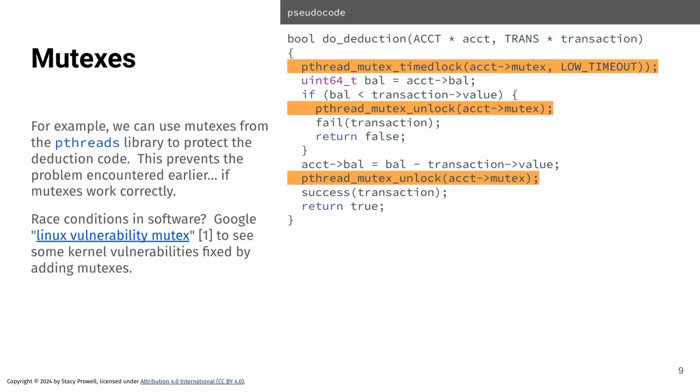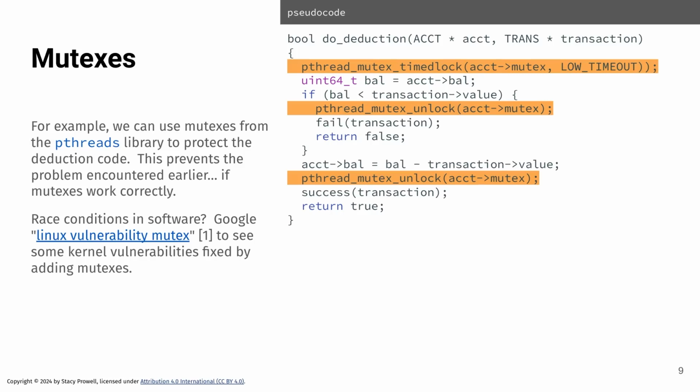In code, it might look like what you see up here. So I've taken that do deduct pseudocode, and I've added some use of the pthreads mutex to it. So up at the top, I go ahead and I get a mutex, and I get a timed lock for that mutex. So if I can't get it within a certain amount of time, I'll time out. We don't want the whole banking software to just block on your account. So we go ahead and we get that.